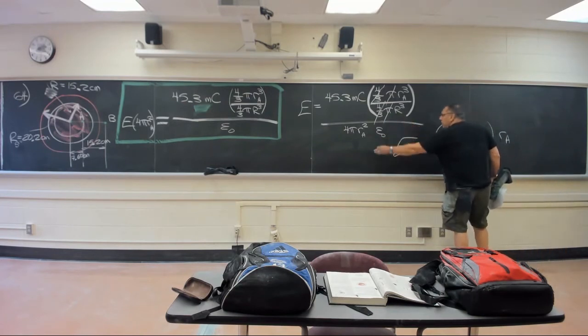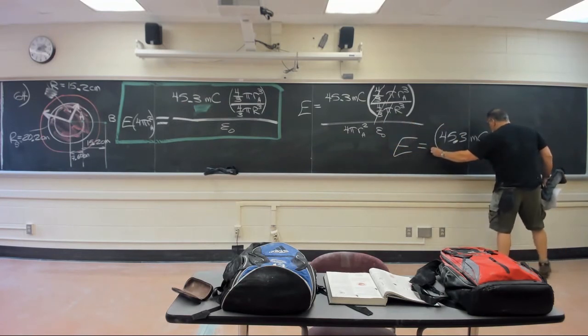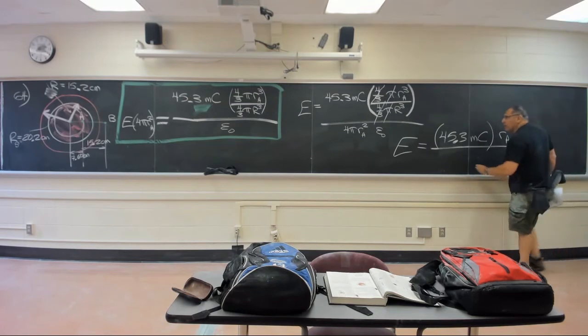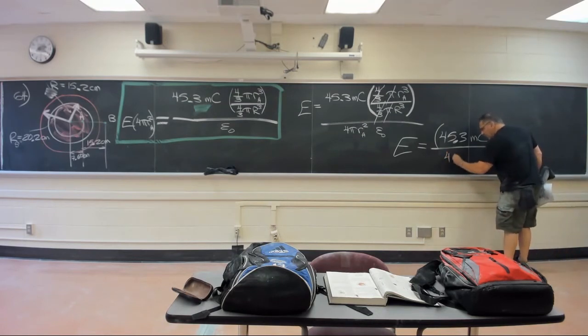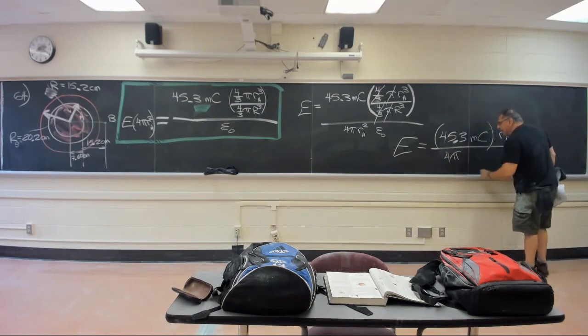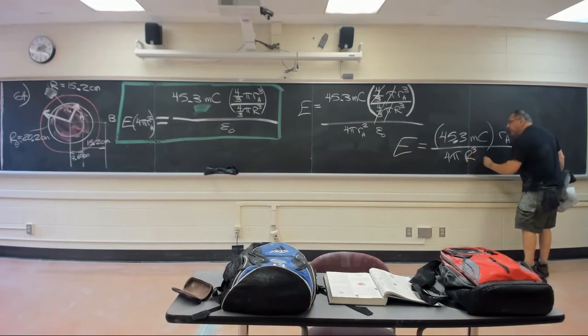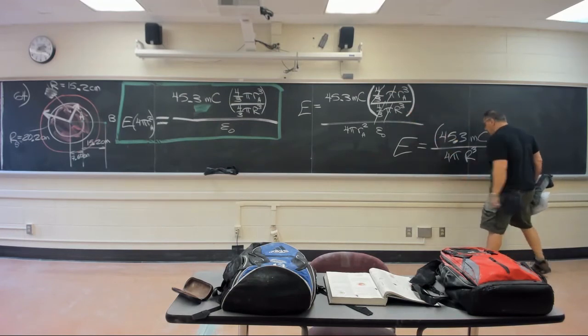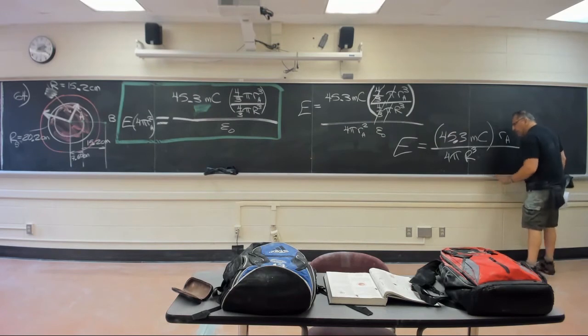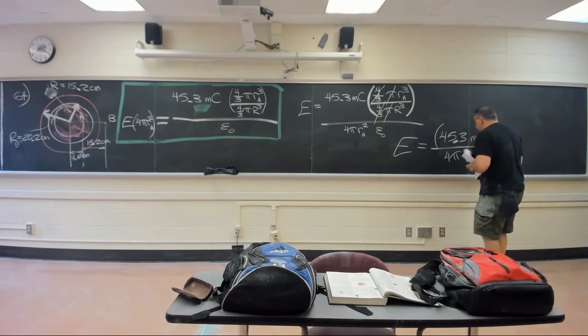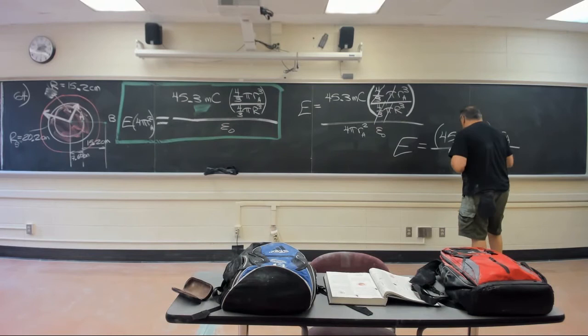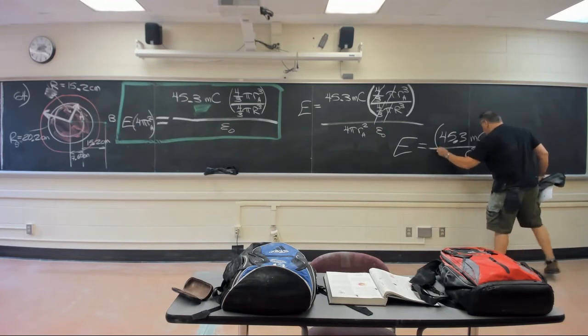The big R cubed, put it on the bottom here. It's already on the bottom as is, in a sense. Epsilon naught. It becomes a matter of aesthetics, you guys, at some point.